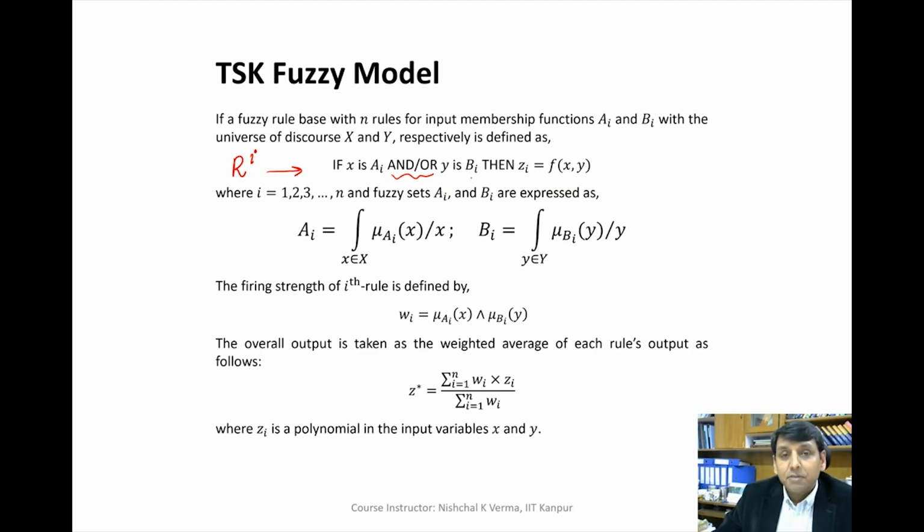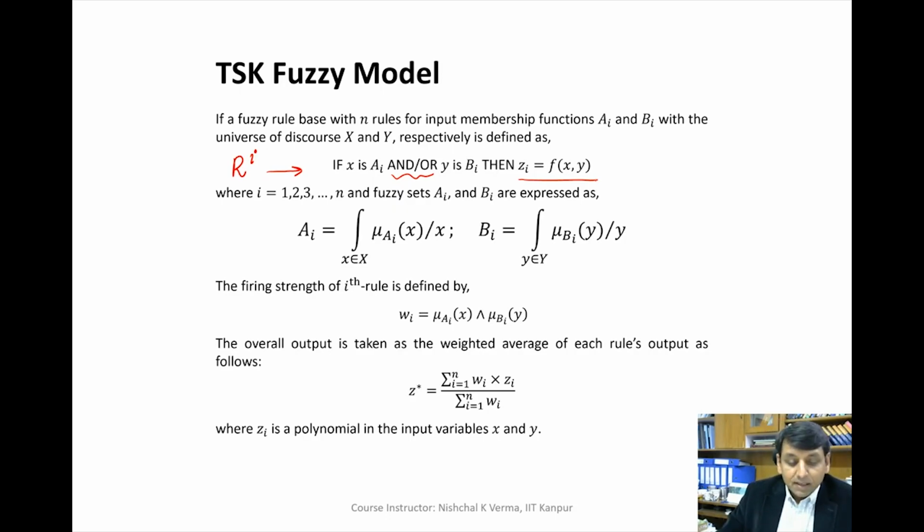The i here signifies the fuzzy region relevant for the ith rule. And then we have the consequent part, which is Zi, the output for the ith rule, and this is nothing but a polynomial, f of x, y.